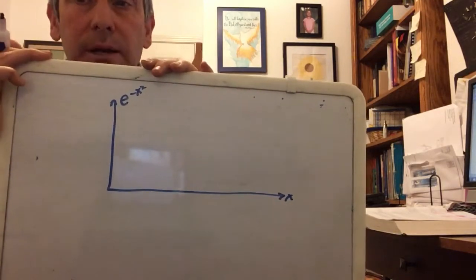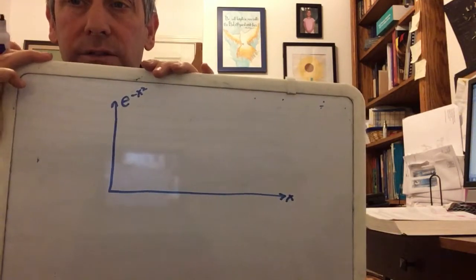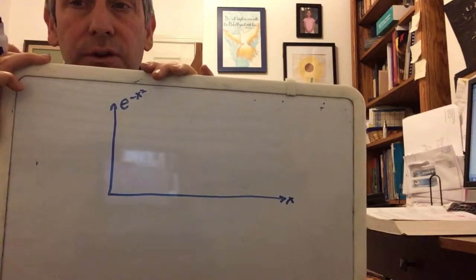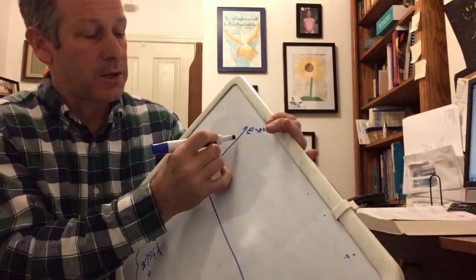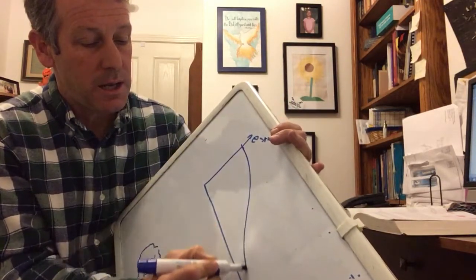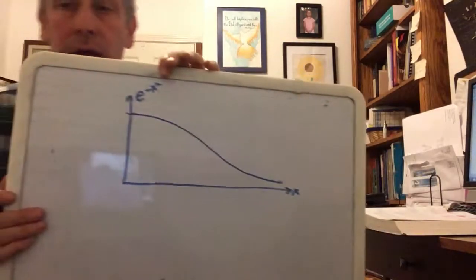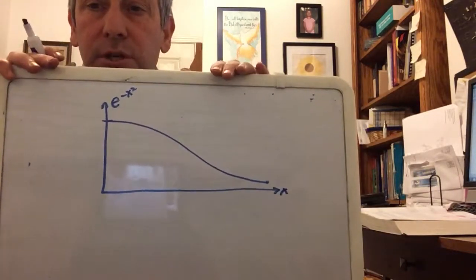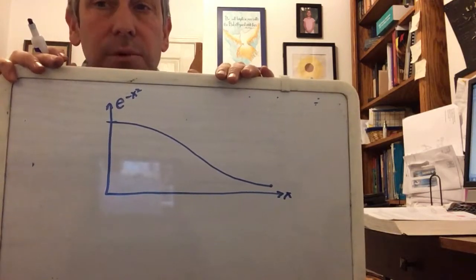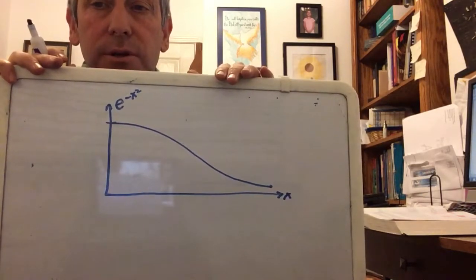And if you think about it, if you put in 0 for x, e to the 0 is 1. Okay. And as you put in larger and larger numbers for x, it's going to get smaller and smaller and smaller. And it turns out, without a lot of plugging in numbers, pretty soon you start to see that's the bell-shaped curve. So sometimes this is called the error, something related to the error function that's called the bell-shaped curve.